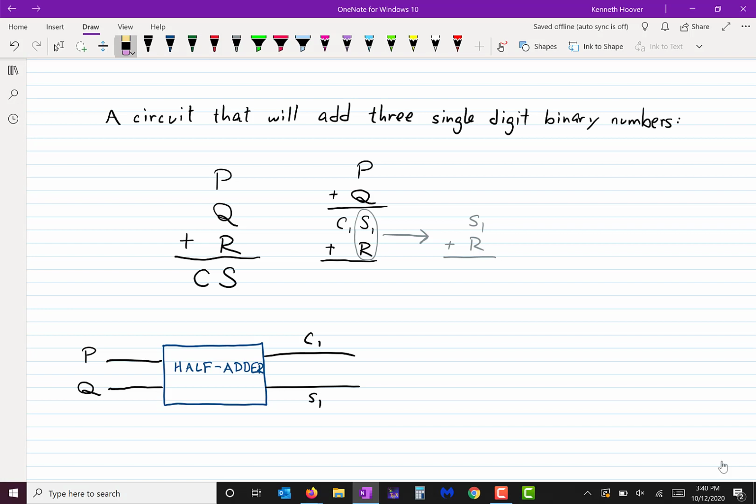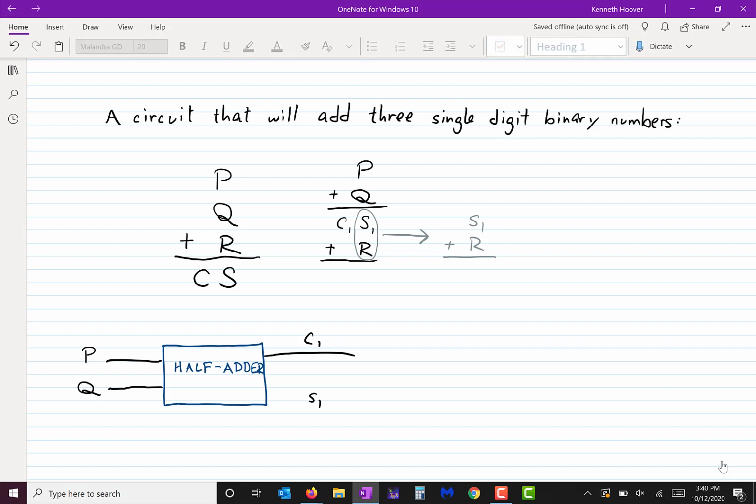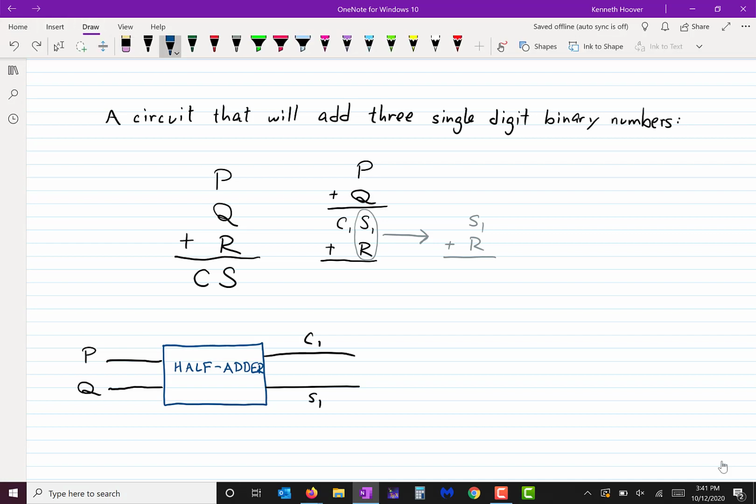Okay, so now I put a half adder circuit here to add together the number R with the number S1. Now the book labels the first half adder circuit as half adder number 1 and the second half adder circuit as half adder number 2.